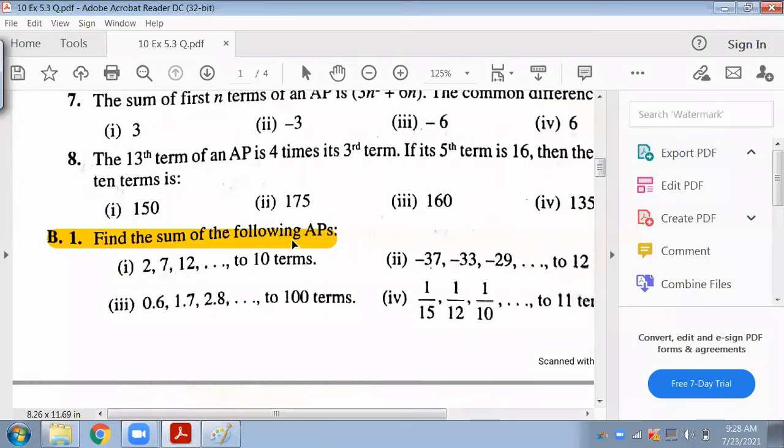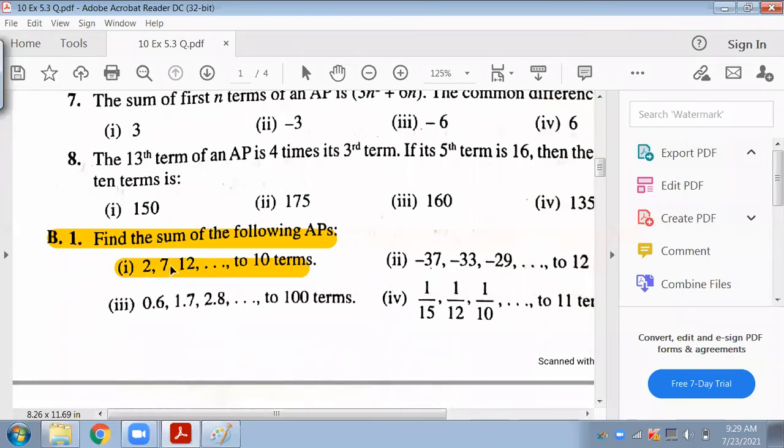We have to find the sum of the following APs. Now we are seeing the first one. The terms of this AP are 2, 7, 12 to 10 terms. So there are 10 terms in this AP, the number of terms is 10.